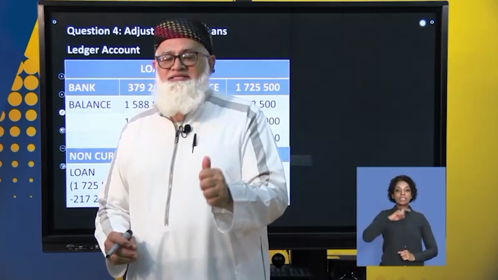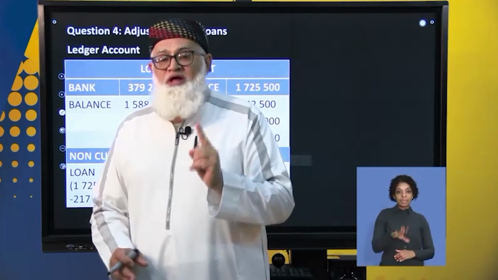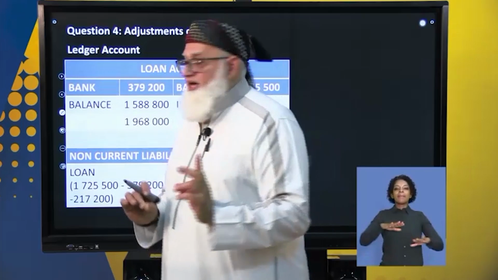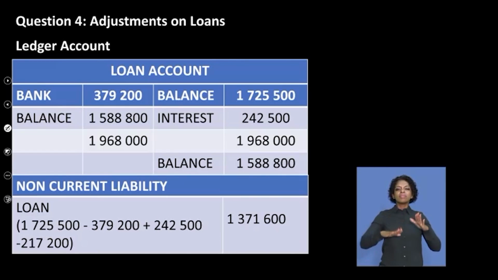Because if you put in that information into your ledger account, clearly you're going to see where each of those items that we dealt with earlier will have to be used. Step number 1, opening balance. What was the balance of my loan at the beginning of the financial year? Here goes. There's my loan account. There's my balance. It's a liability, obviously, with a credit balance of 1,725,500. So step number 1, guys, opening balance.